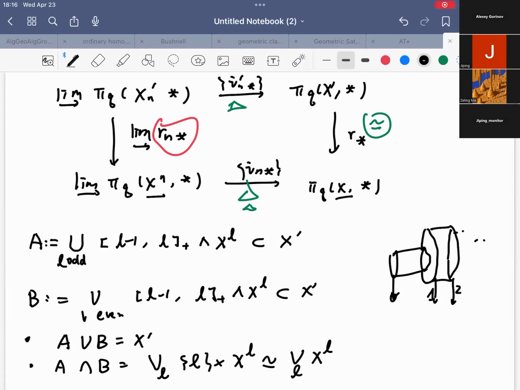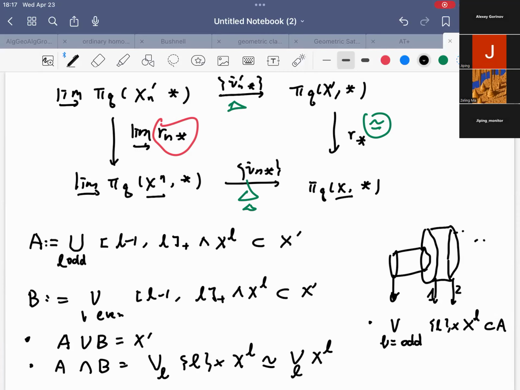You also can see that A and B have a strong deformation retraction. No, not A and B. You take this part, L is odd, take X_L.